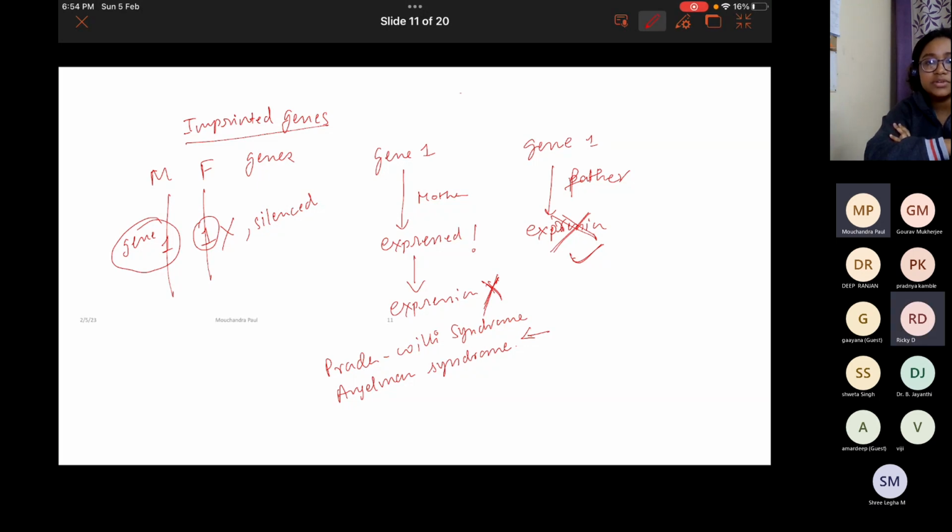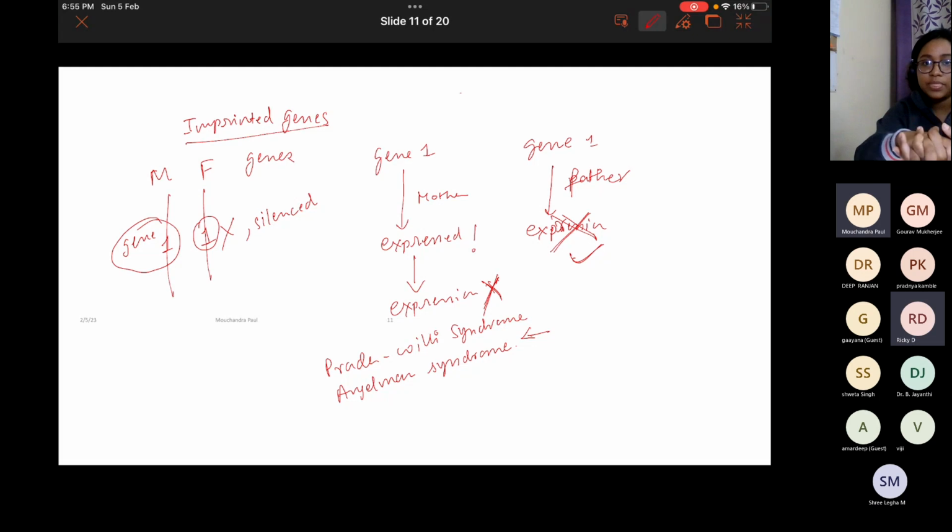The sex specificity will come when the defective gene is present in the sex chromosomes, the X or the Y chromosomes. So if any defective gene contributing to a disorder is present in the Y chromosome, that Y chromosome is transferred from father to his son. So that sex specificity is understood, right? Even in case of the mother as well.